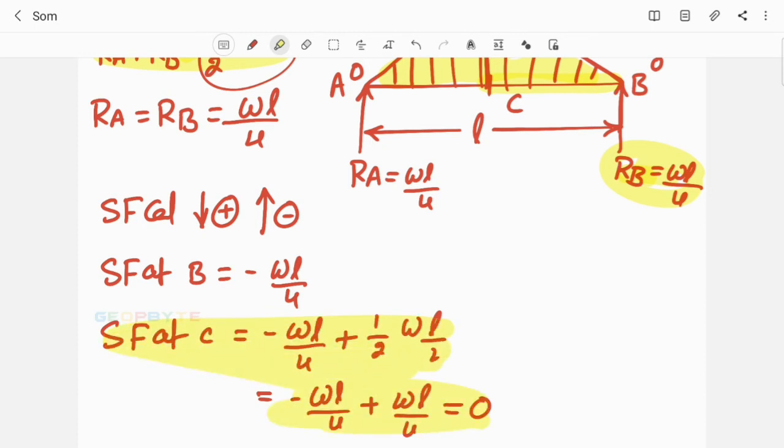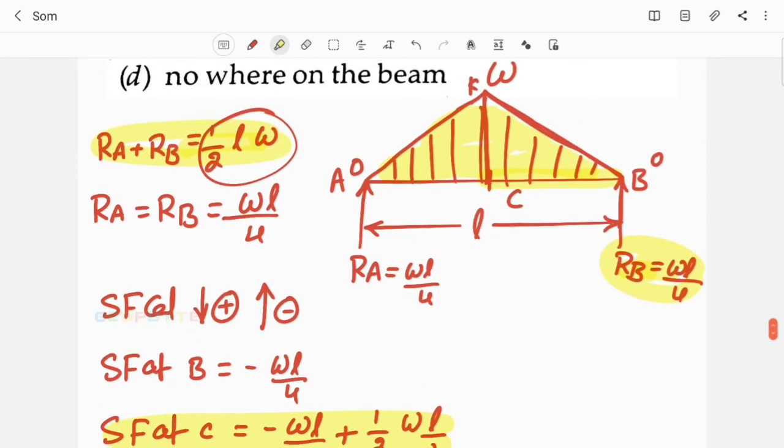Remember, this point is very important. When a simply supported beam is subjected to uniformly varying load, 0 at the supports and maximum at the middle point, the shear force will be 0 at the midspan.